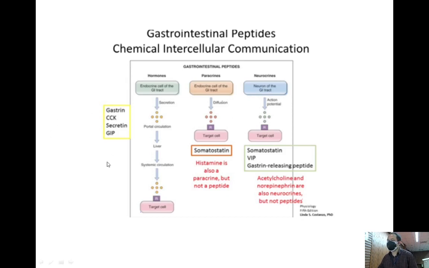All right, and then the pancreas, and we'll come back to this when we discuss somatostatin. Then of course some of the hormones are communicated in a neuroendocrine fashion. Some of these hormones are somatostatin, VIP, and GRP. Others are like acetylcholine or norepinephrine.